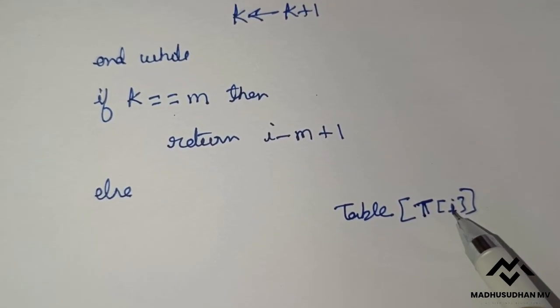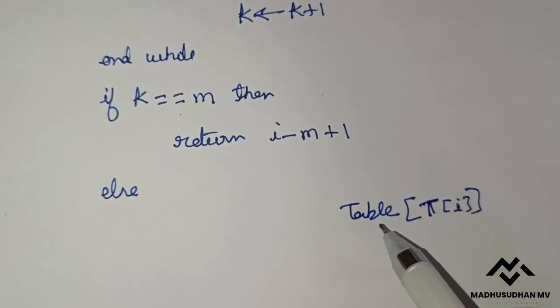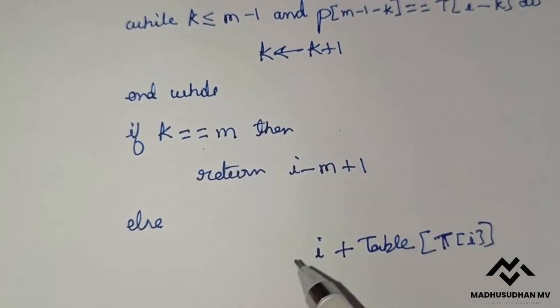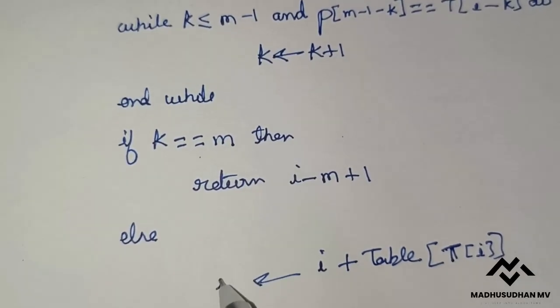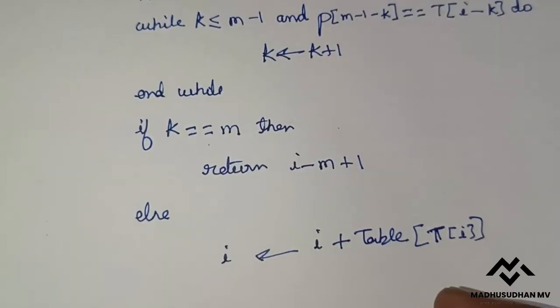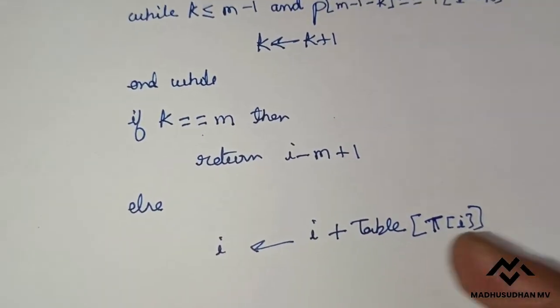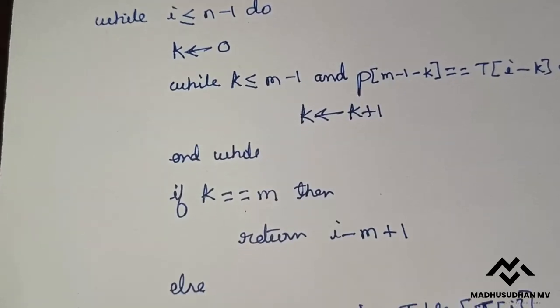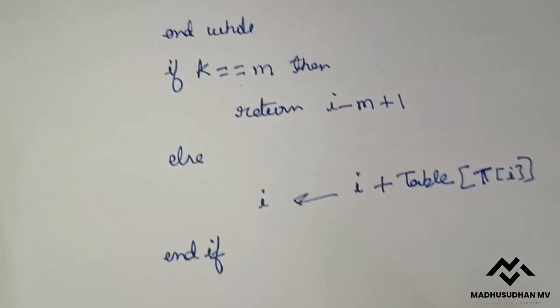That shift value I take from this table and add to the i value, updating it as the new value of i. Else, shift the pattern towards its right by the shift value of the mismatch character of the text. End if.